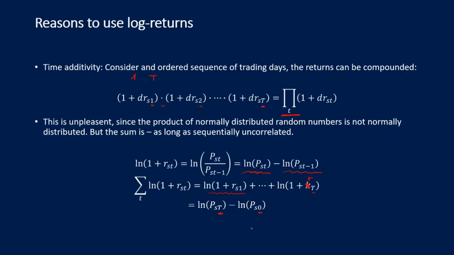And this is exactly what we're looking for. We're looking for a possibility where all those logs can be added and reflect again the price difference, or let's say the return as a price difference.